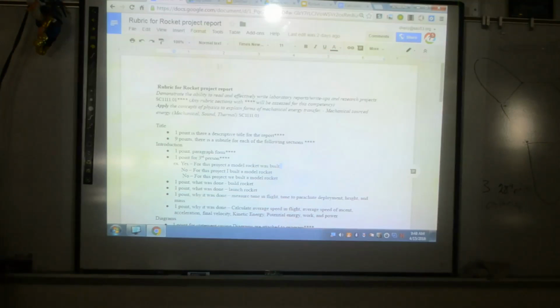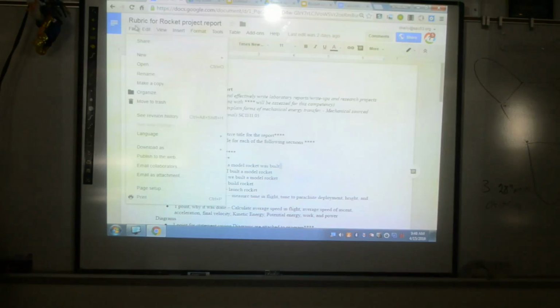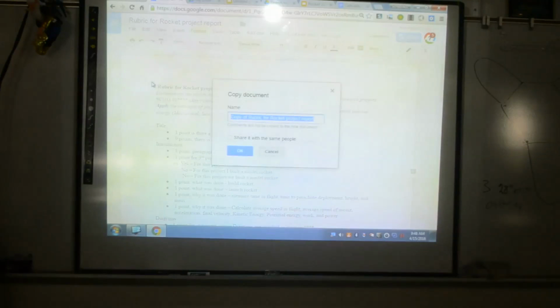My recommendation is, at this point here when you have this, is to simply go underneath the file and say make a copy, and you can actually go and say a copy of the rubric. You can just say something like, here is Stewart's Rocket Project.